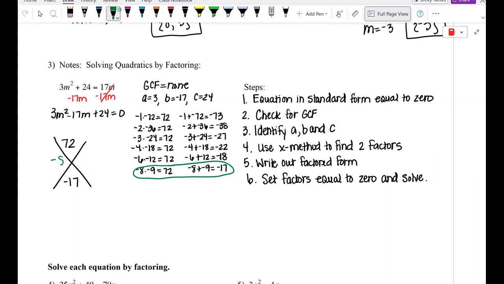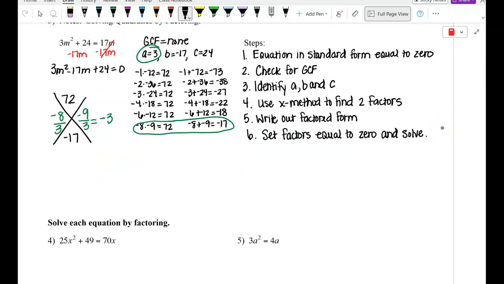So one side is negative 8, one side is negative 9. We do have an A value of 3 that we need to divide by. I can't simplify negative 8 over 3, but negative 9 over 3 reduces down to negative 3. So my two factors are m minus 8/3 and m minus 3 equals 0.